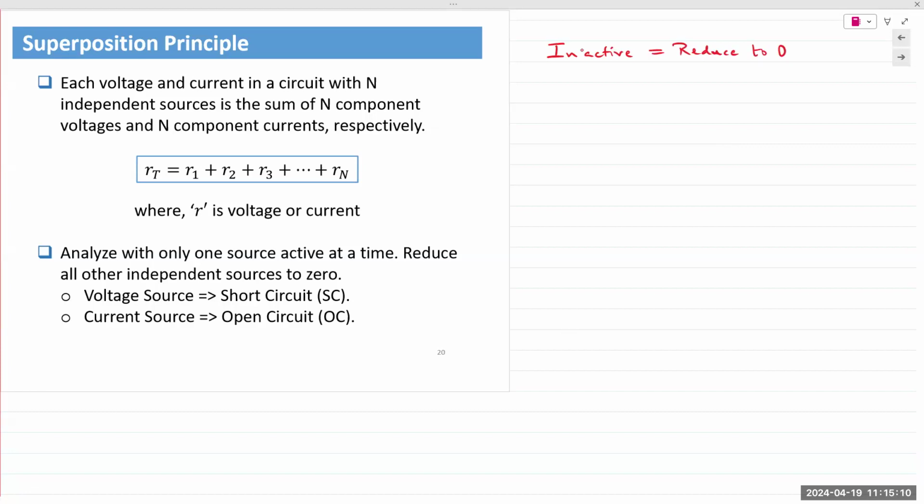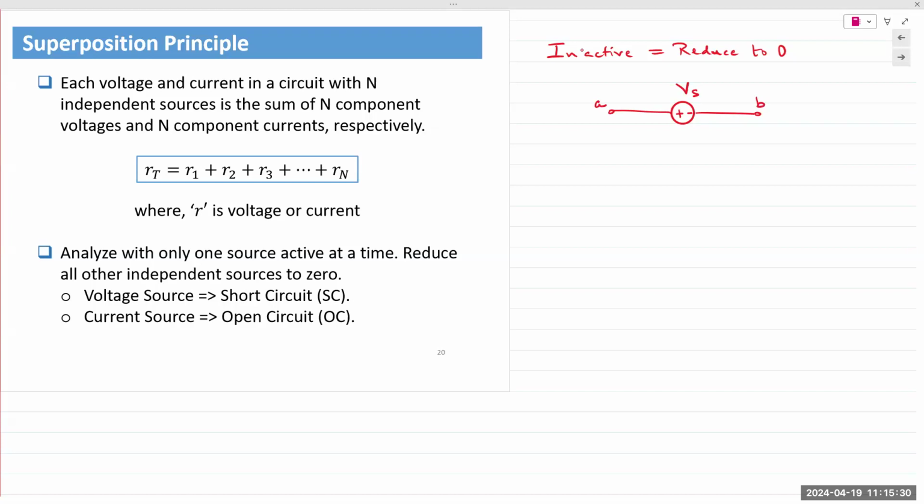For a voltage source that is connected between 2 points, let's say Vs. This is voltage source Vs. It is connected between A and B.